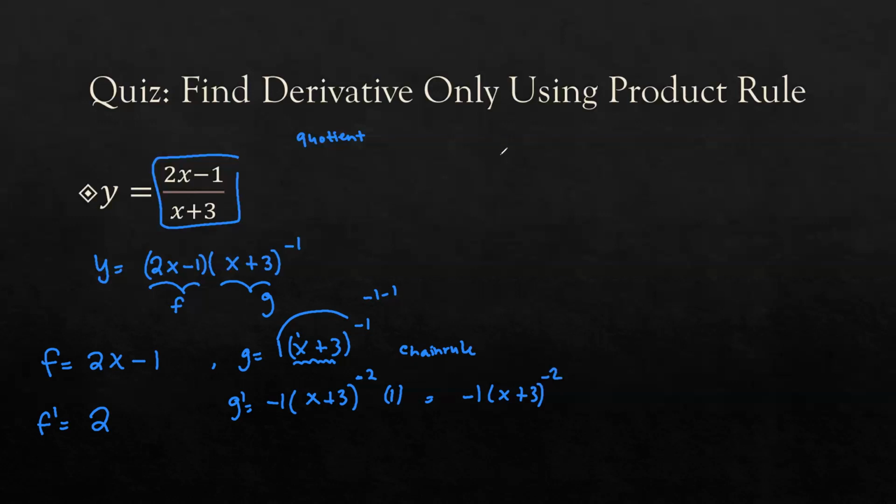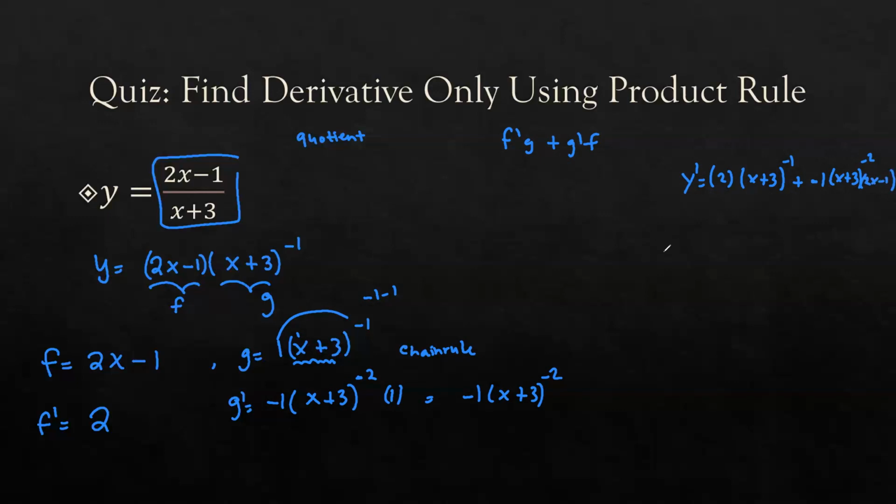So let's apply the product rule. The product rule is f prime of g plus g prime of f. So y prime equals f prime, which is 2, times g, which is x plus 3 to the negative 1, plus g prime, which is negative 1 times x plus 3 to the negative 2, times f, which is 2x minus 1.